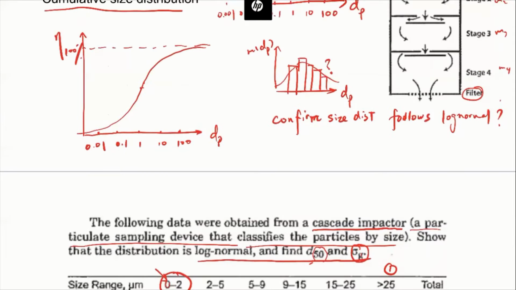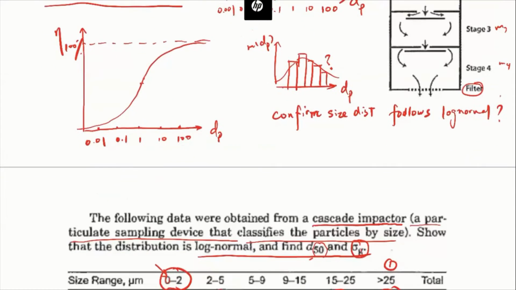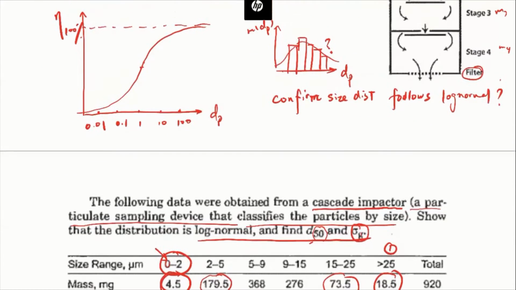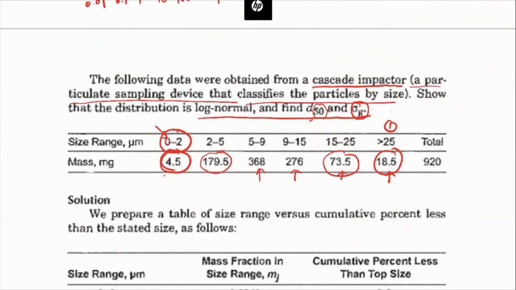It is quite challenging if we just plot it in this way, right? It's difficult to tell. So the way we do it is to confirm it with the cumulative fraction. We're going to first calculate the cumulative fraction of particles below 2, below 5, below 9, all the way below 25, okay?